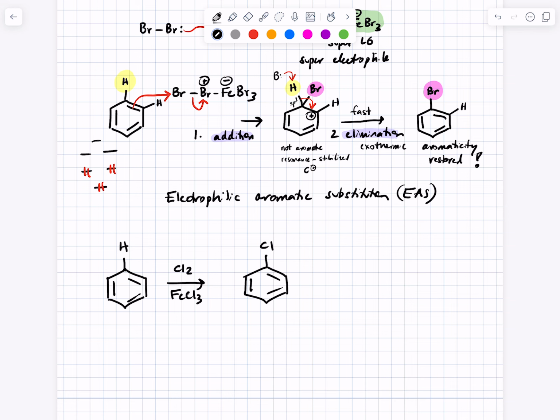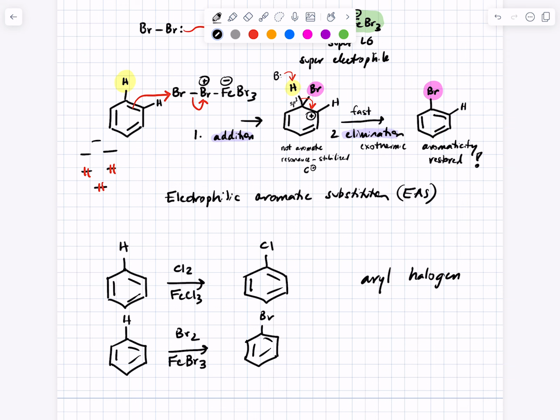The particular reaction that I just showed you, either with Br2 or Cl2, is called aryl halogenation. But this is an example of an electrophilic aromatic substitution reaction.